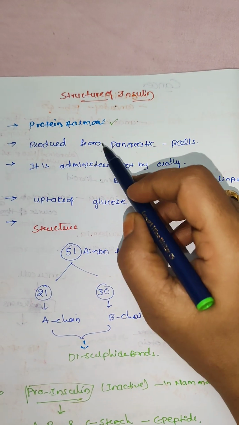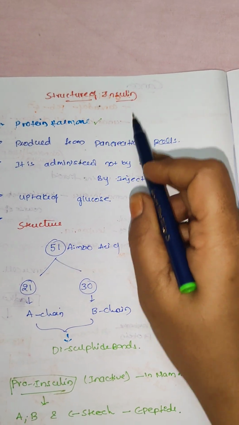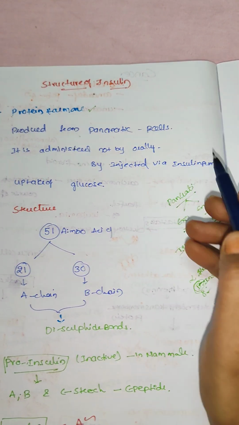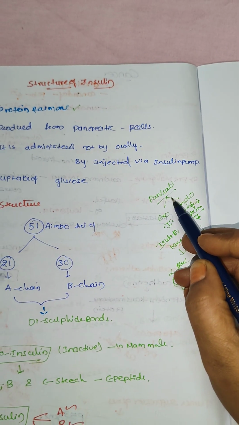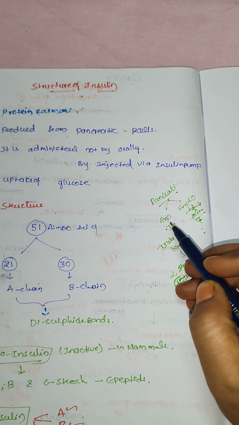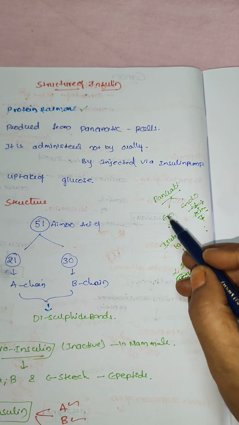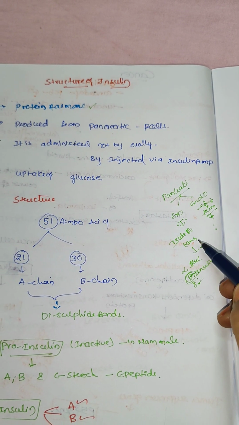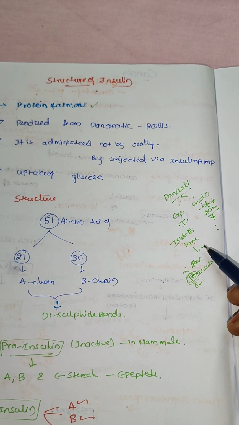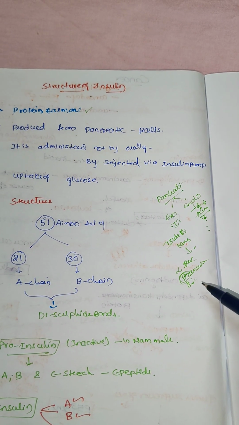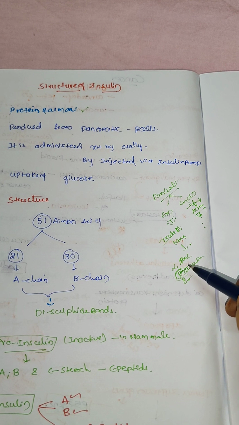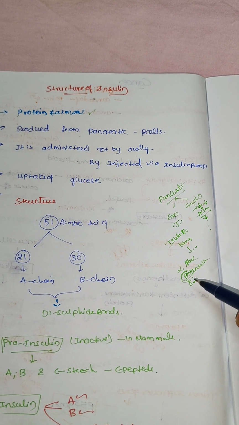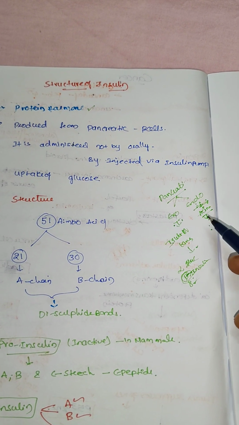Insulin is a protein hormone. It is produced from the pancreatic B cells. Already we know in the pancreas we have two types of glandular nature, exocrine part and endocrine part. The endocrine part is called islets of Langerhans. It has 3 types of cells. Alpha cells produce glucagon, beta cells produce insulin.